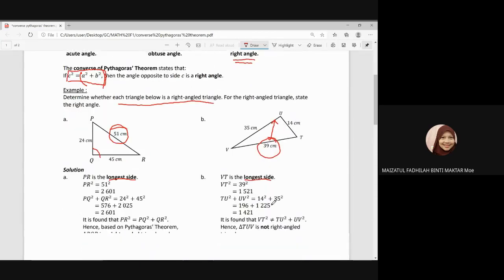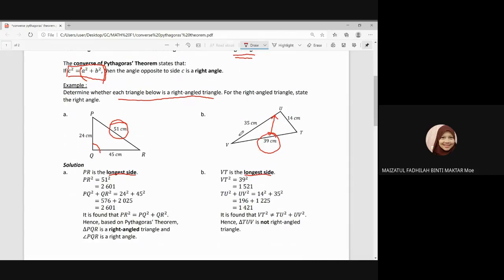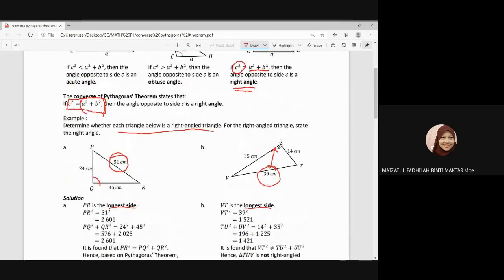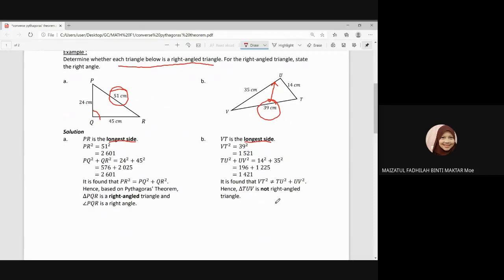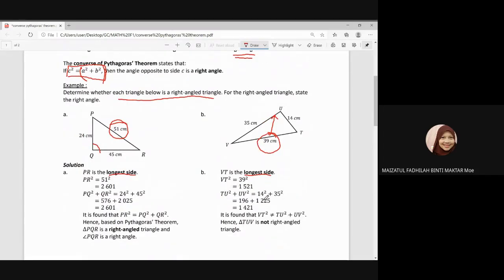So you can see the angle of TUV is an obtuse angle, because the value of BT square is larger than the value of TU square plus UV square, if you want to add the information here. So that is how you determine whether the triangle is a right angle triangle or not.